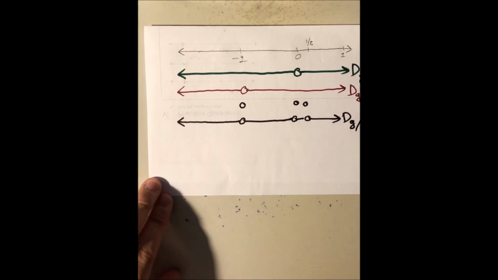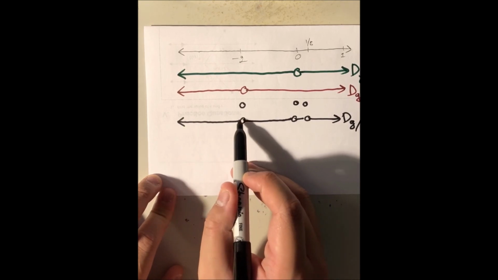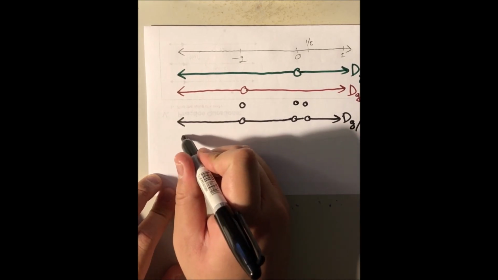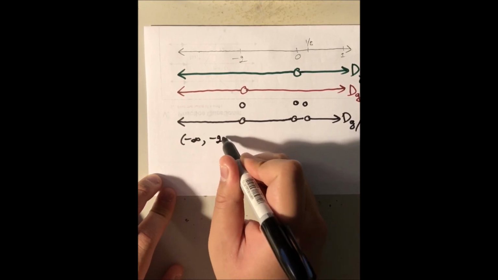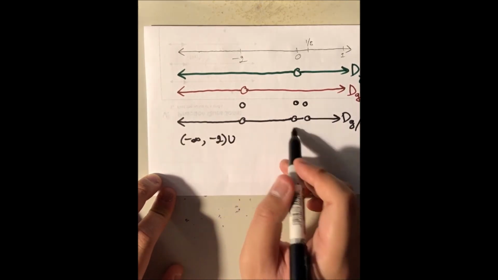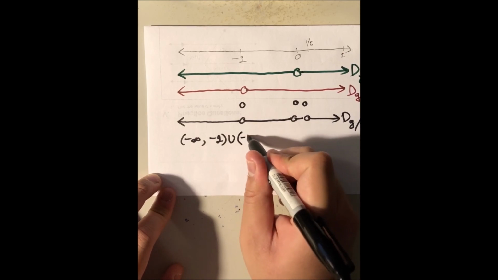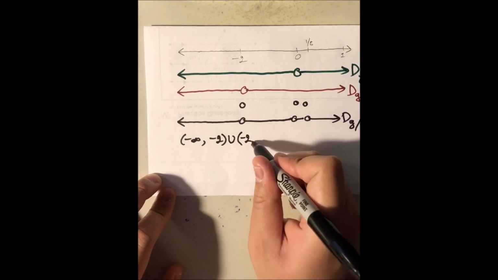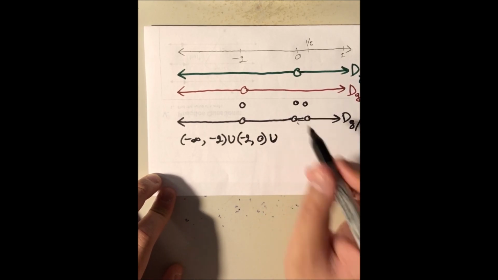So what about the interval notation? Well, from left to right, from negative infinity up to negative 2, but not including negative 2, we have negative infinity, comma, negative 2, and then parentheses on both ends. Union sign to jump to the next part. We're going to go from excluding negative 2 all the way to excluding 0. Union to jump to this little part.